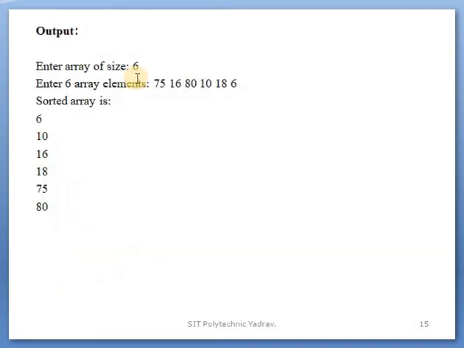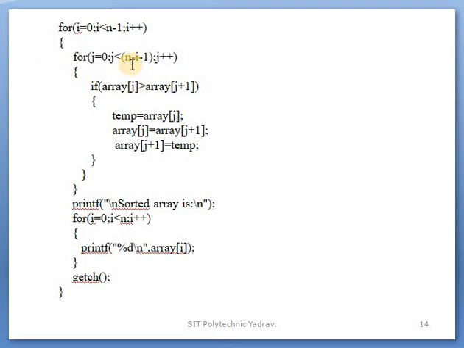For example, if n is 6, then 6 minus i, where i is 0, gives 6. So n is 6, 6 minus 1 is 5, meaning 0, 1, 2, 3, 4, 5, and those numbers are checked.